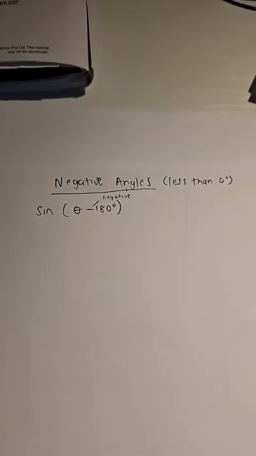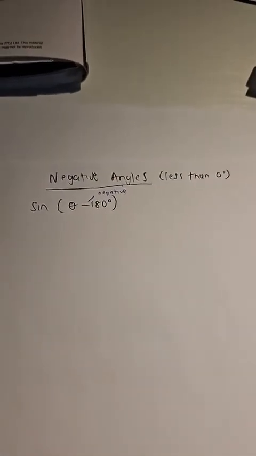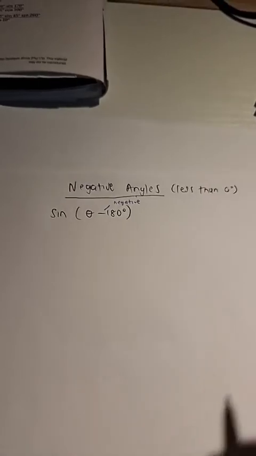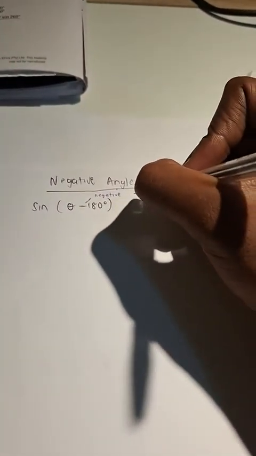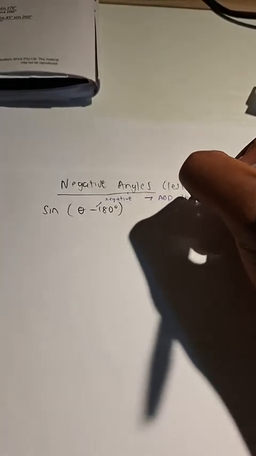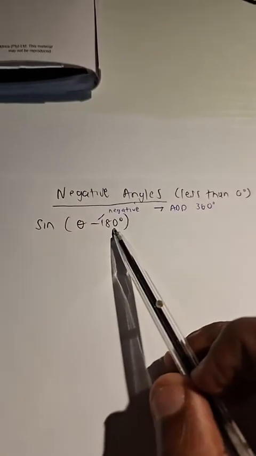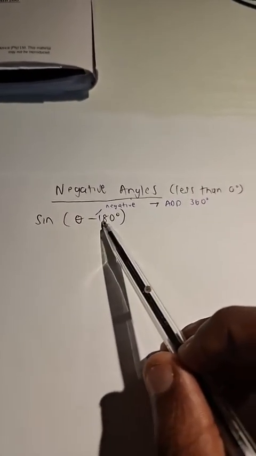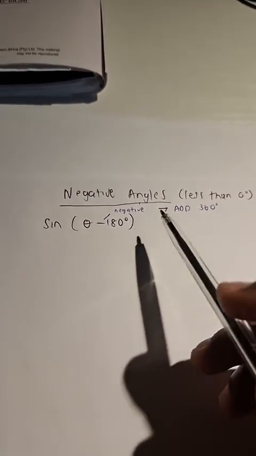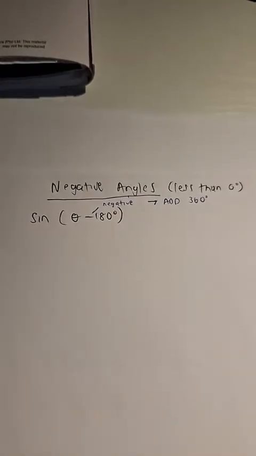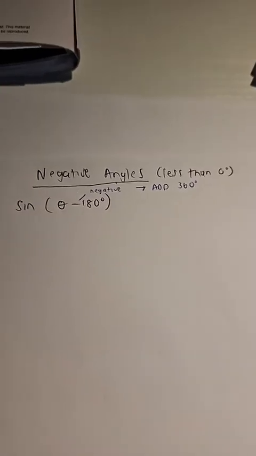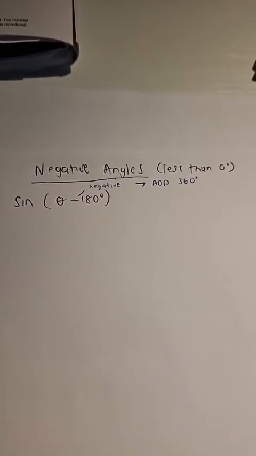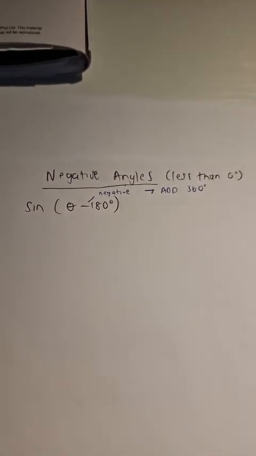Okay. So what we basically can do for negative angles is simple, guys. All we do is we just add 360 degrees. Think about it. If this angle is negative, it means we are no longer operating within the unit circle 0 to 360. We have left the unit circle and entered the realm of negative angles.